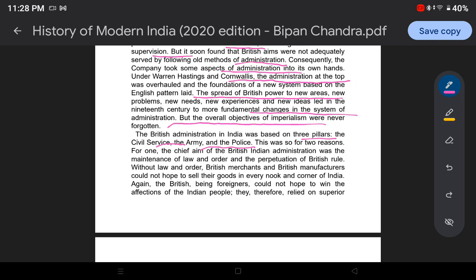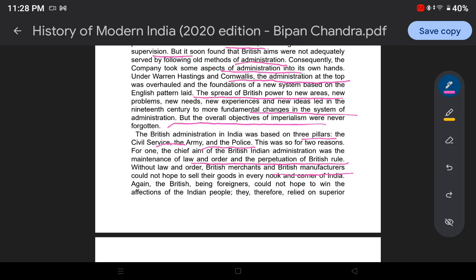For one, the chief aim of the British Indian administration was the maintenance of law and order and the perpetuation of British rule. Without law and order, British merchants and British manufacturers could not hope to sell their goods in every nook and corner of India.